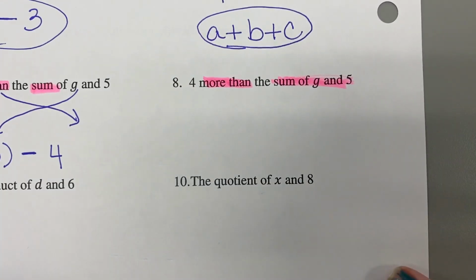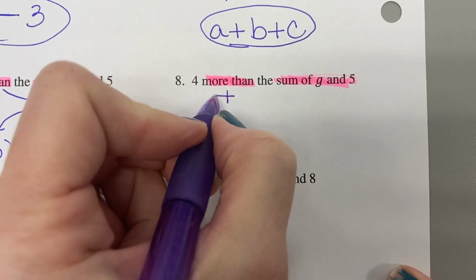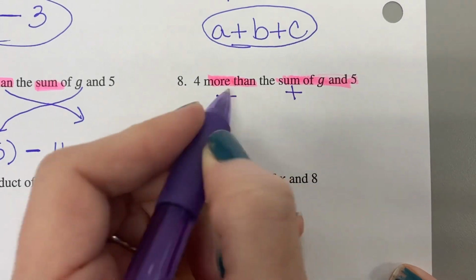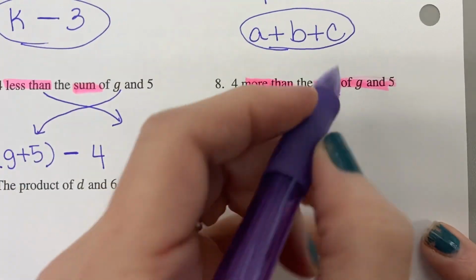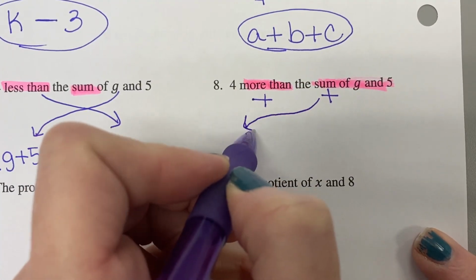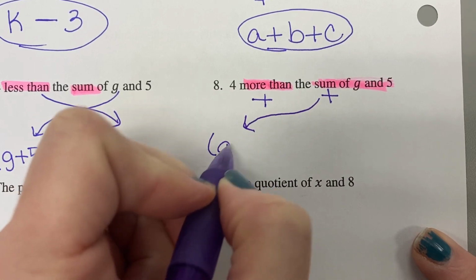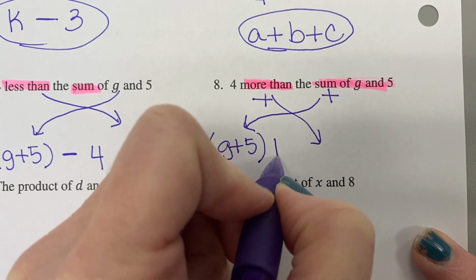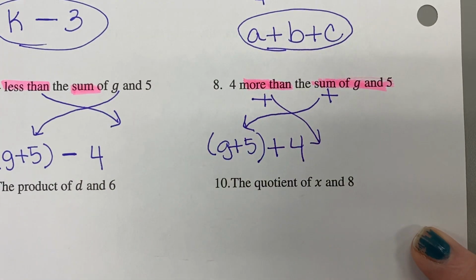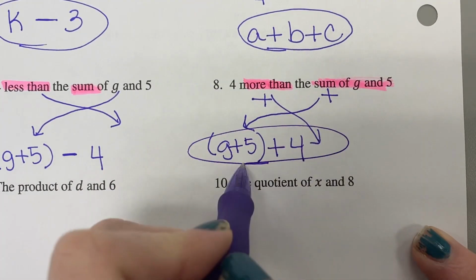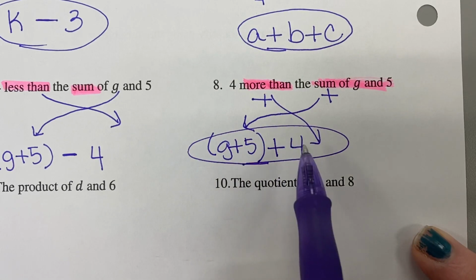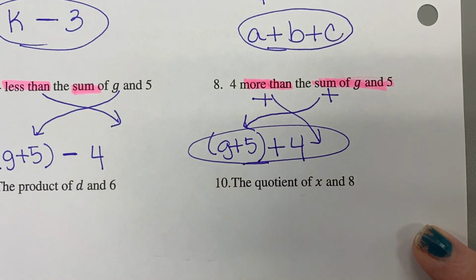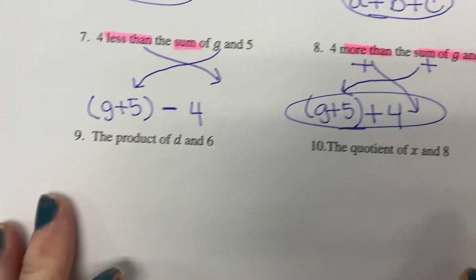So I would say more than means addition, and so does sum. So if we think of more than and less than in the same way, we could crisscross again and do the sum of G and 5, and then go for more than that. Now, addition again is commutative. So if you had put the 4 in the front, 4 plus the quantity G plus 5, that would have been okay too. 2 to go.